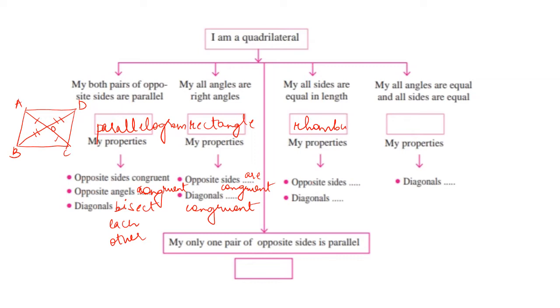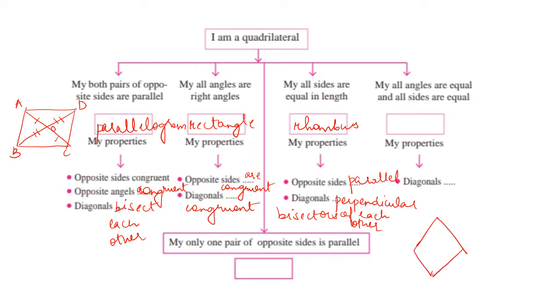In a rhombus, all sides are equal in length, the opposite sides are parallel, and the diagonals are perpendicular bisectors of each other. So this is the rhombus.